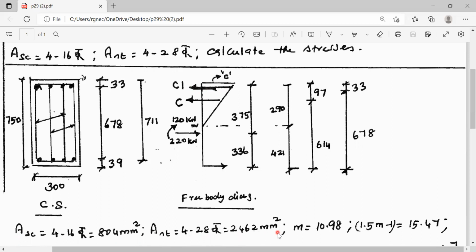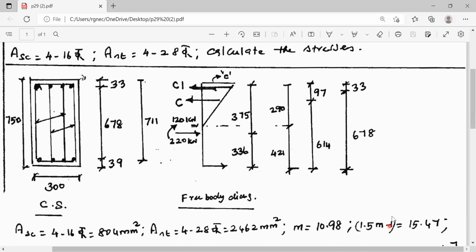Here, concrete grade being M25, m, that is the modular ratio, is equal to 280 divided by 3 sigma cbc, and that comes to 10.98. m is equal to 10.98. m is applicable for the tension zone. For the compression zone, 1.5 m minus 1 is applicable.